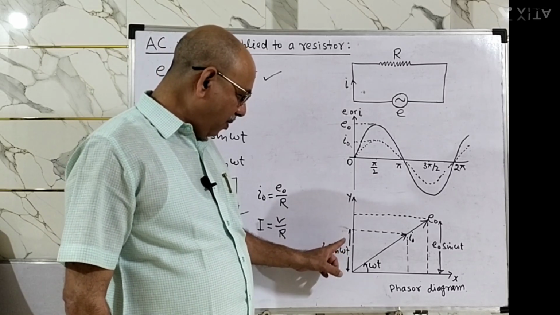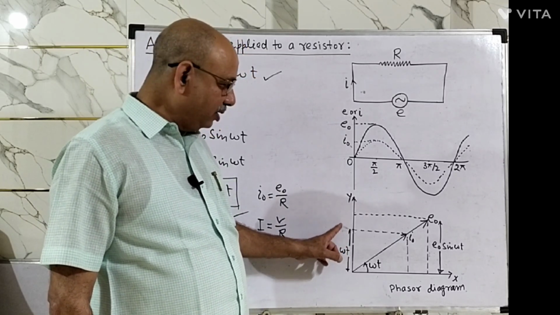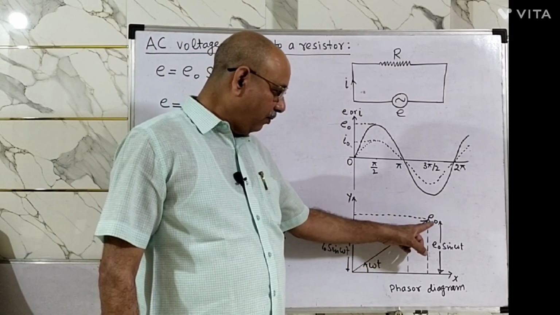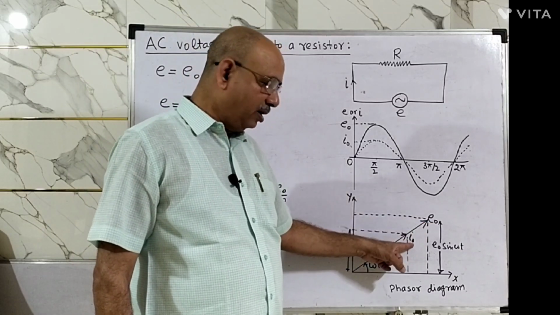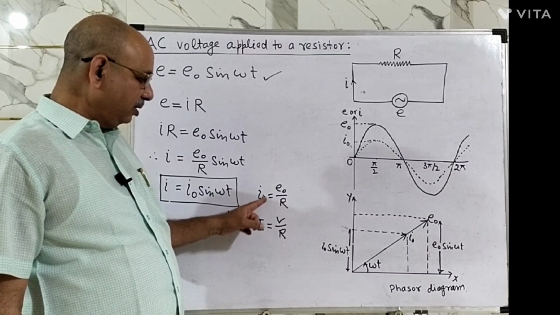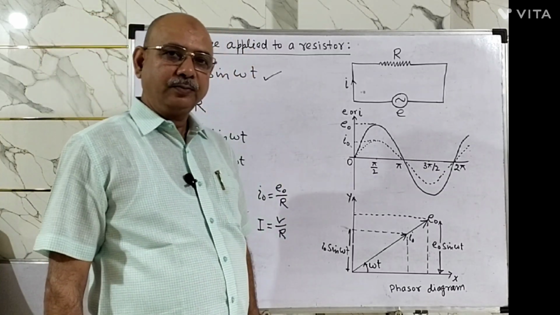Here the value of I0 is less than the value of the E0, because from this equation I0 is less than the E0, but both are in phase.